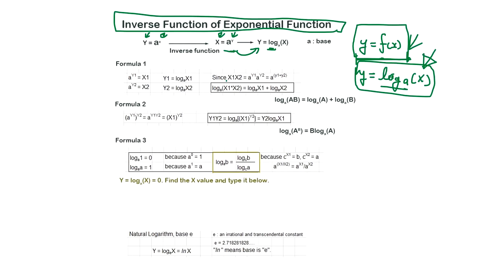Since x1 and x2 multiplied together is a to the y1 plus y2, what happened is log a of x1 times x2 equals log a x1 plus log a x2. Does it make sense?